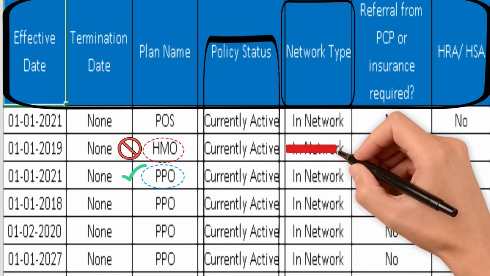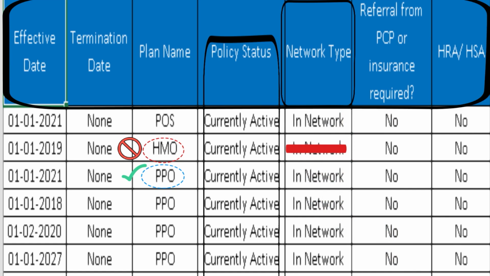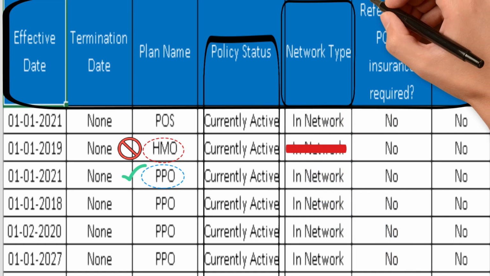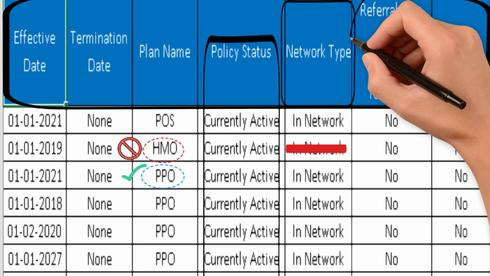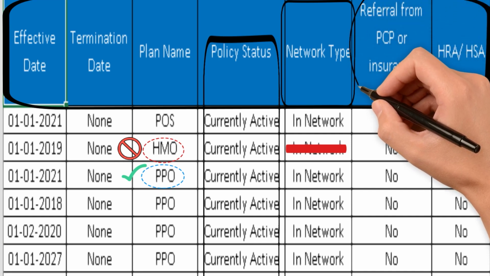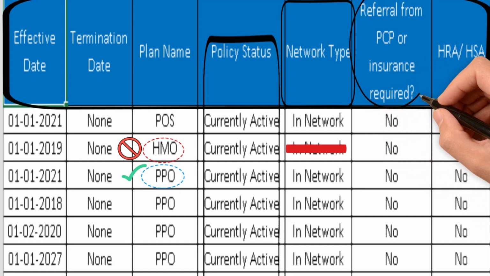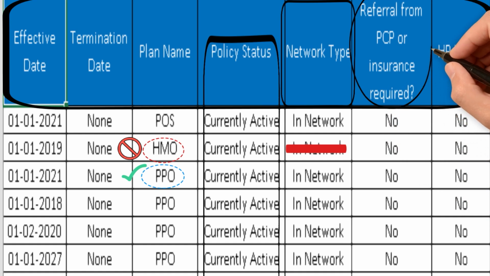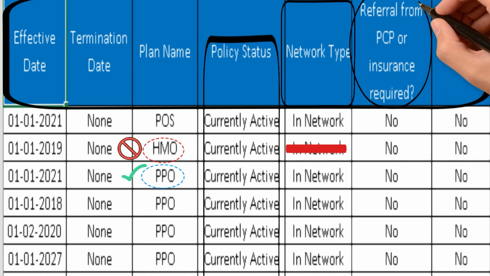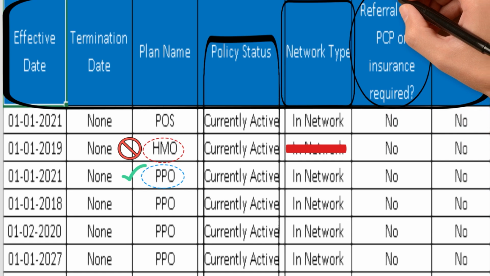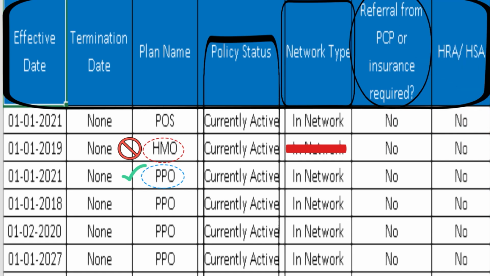Now, the Excel we are looking at belongs to a specialist clinic. And under a low premium plan, which is an HMO plan, patients do not have direct access to a specialist clinic. They need to get the initial checkup done at the PCP office, and only if the PCP feels that further treatment is necessary, then the PCP will forward the patient to the concerned specialist.